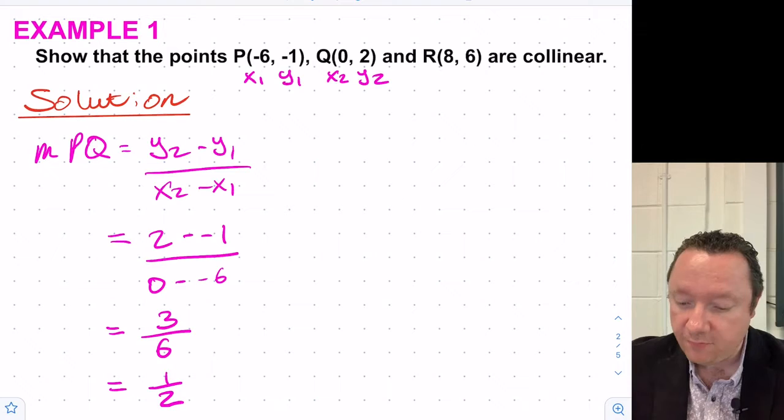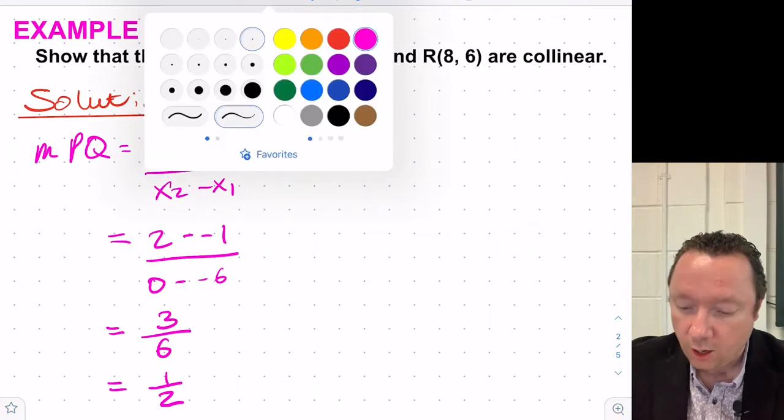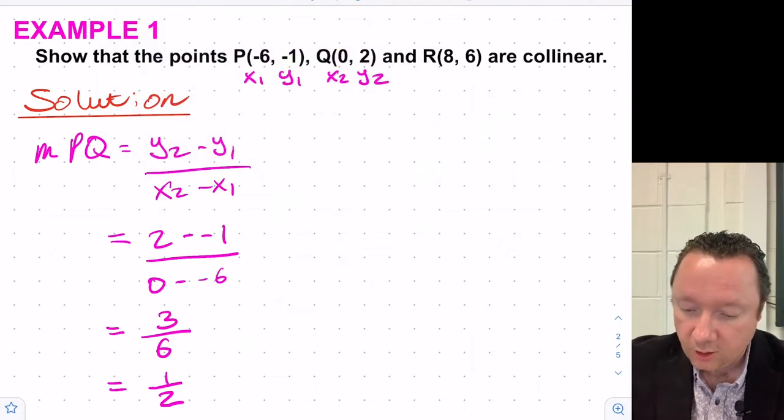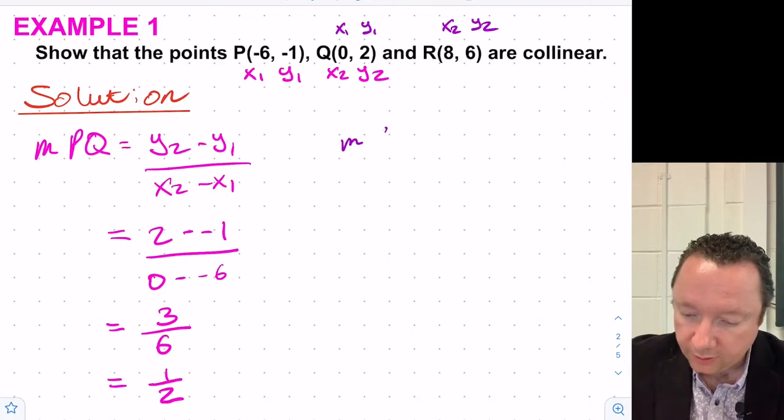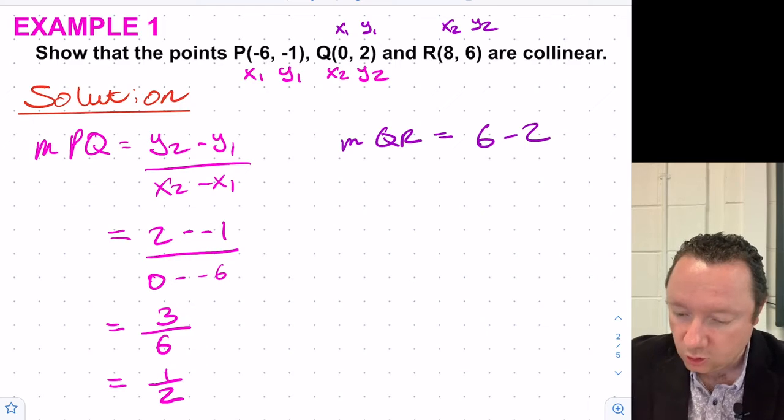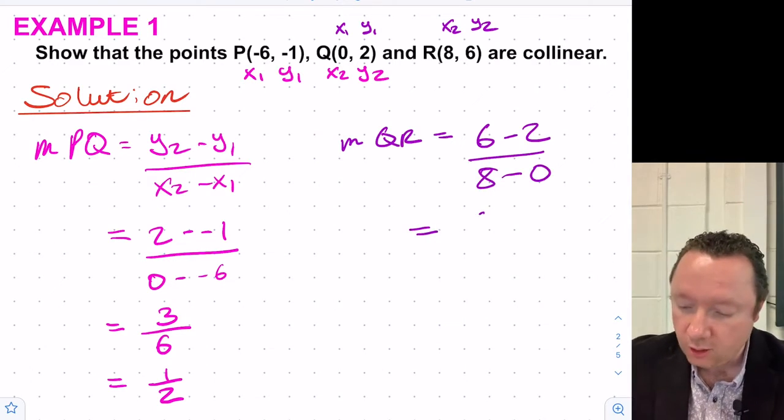Let's do the same thing for Q to R. If I change my colours here, if I call that x1 and y1 for Q and x2 and y2 for R, then the gradient between Q and R equals y2 minus y1, 6 minus 2 over 8 minus 0. 6 take away 2 is 4, 8 take away 0 is 8, that simplifies to a half.